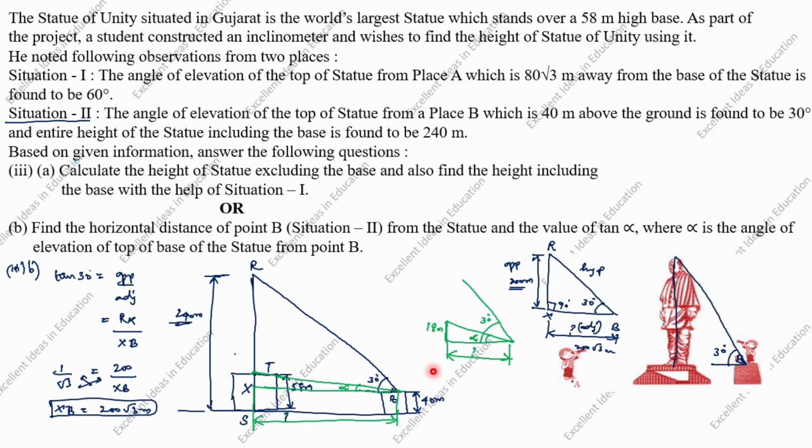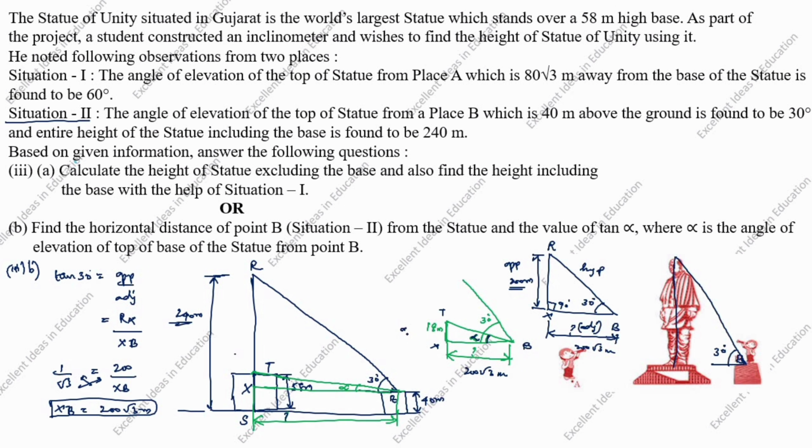Now we will calculate this alpha value. This value we got as 200 root 3 meter. This one we will write as 200 root 3 meter. Here is X, this is T, here is B. Next, this angle only we will calculate, right?